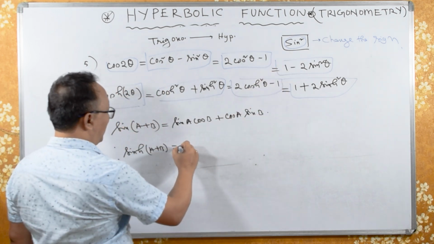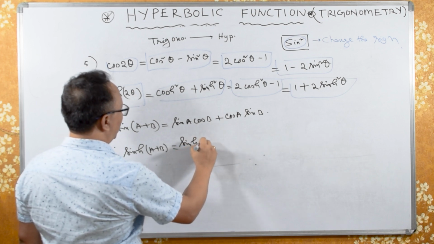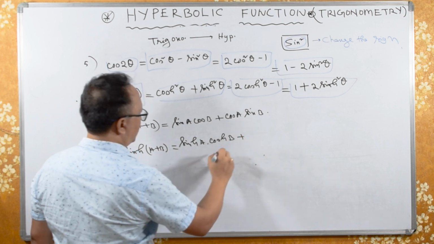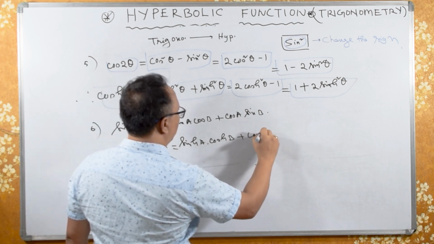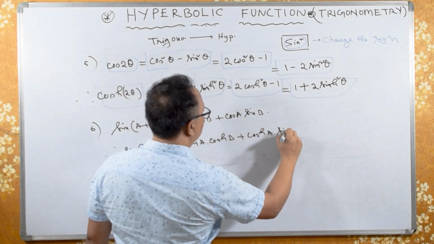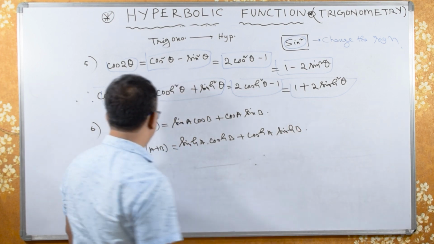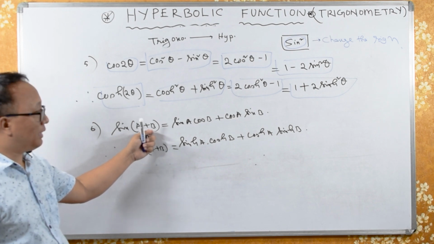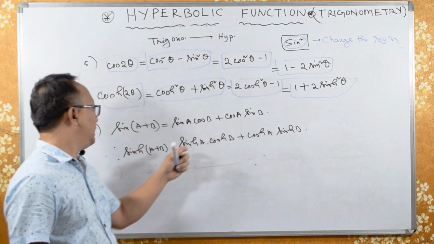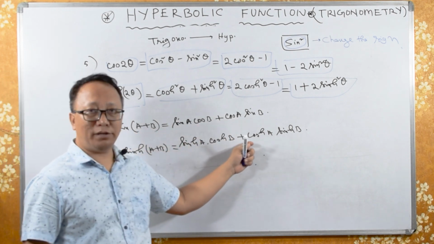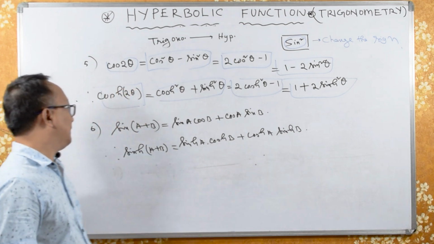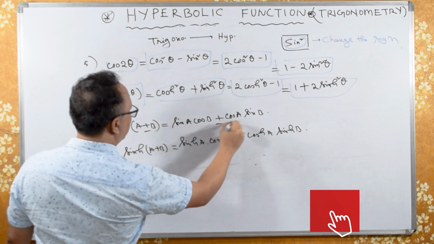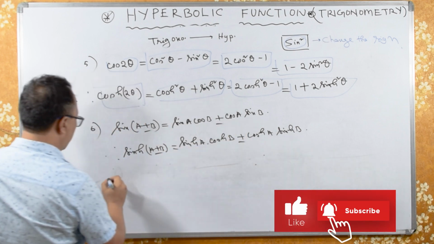Similarly, sine hyperbolic a into cos hyperbolic b plus cos hyperbolic a into sine hyperbolic b. And if it is minus, then similarly minus over here. You can say plus minus.